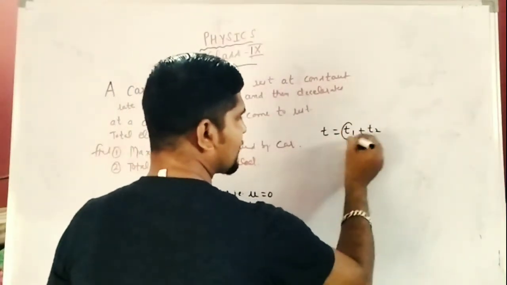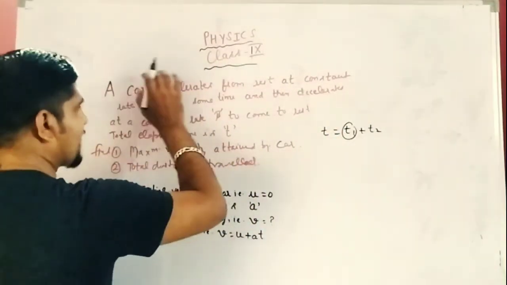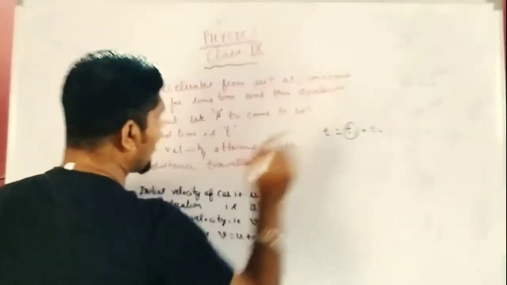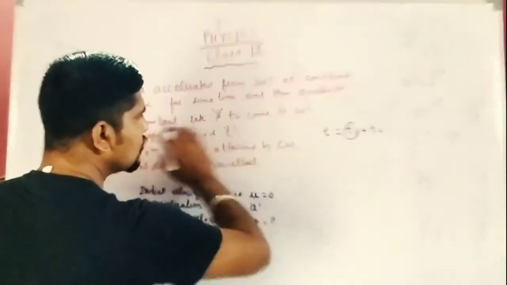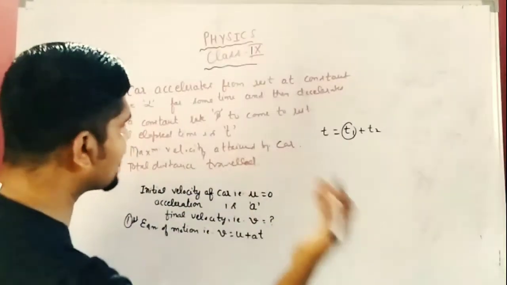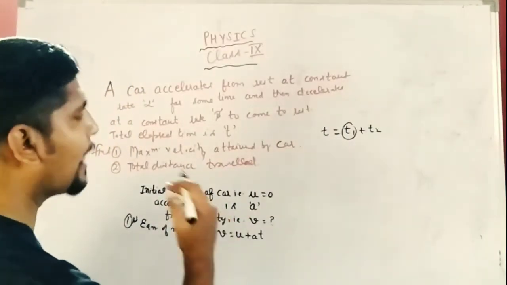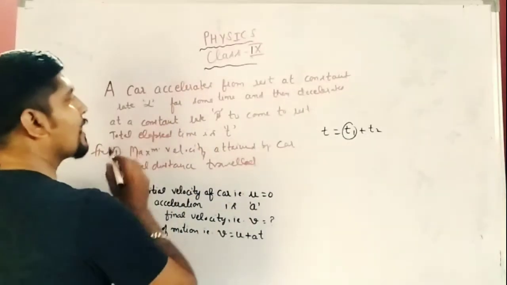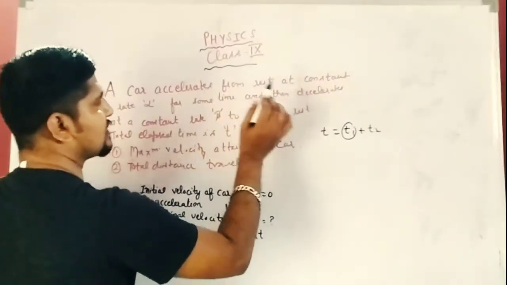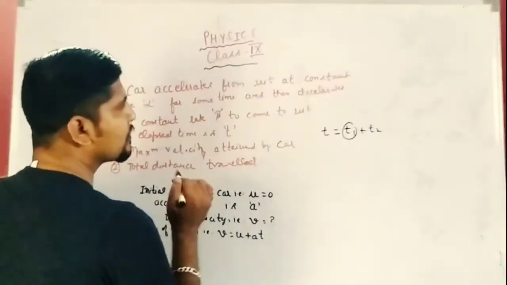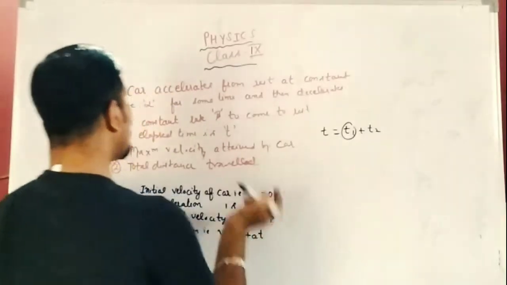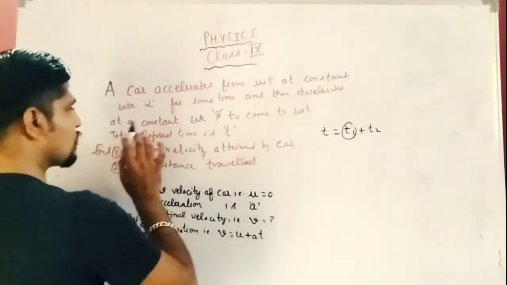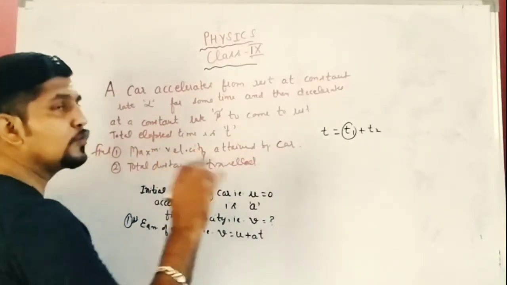Here t1 is the time taken by the car accelerating from rest at constant acceleration alpha for some time, and t2 is the time taken by the car while decelerating at a constant rate beta for coming to rest.